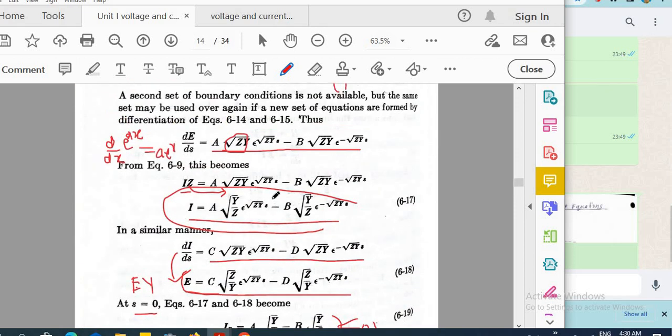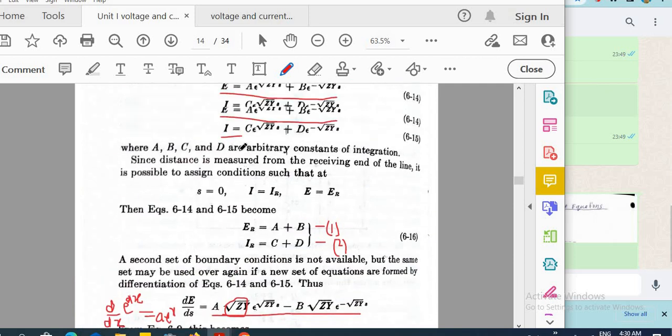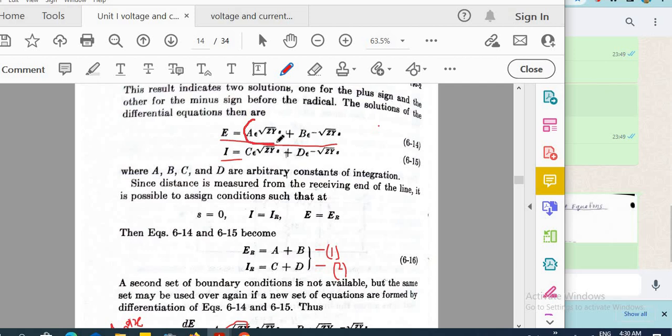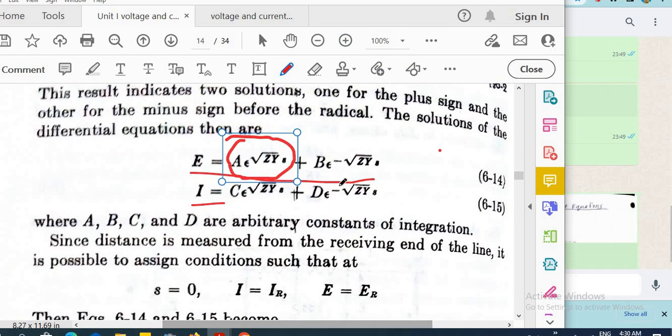The first term tells about the forward traveling voltage wave, and the second term tells about the reflected wave, from load to source. If I take the ratio of reflected by incident, we get the term called reflection coefficient.